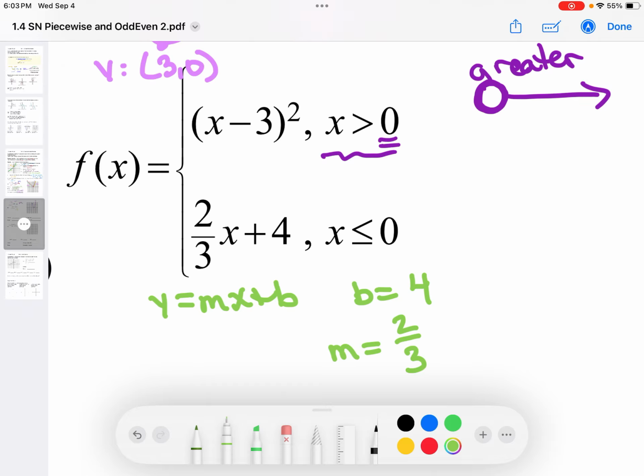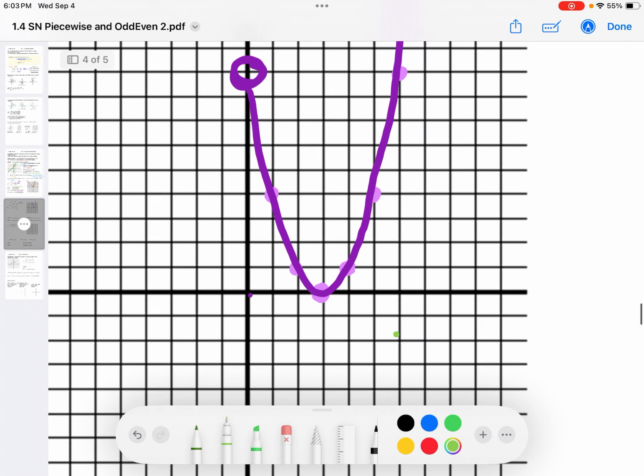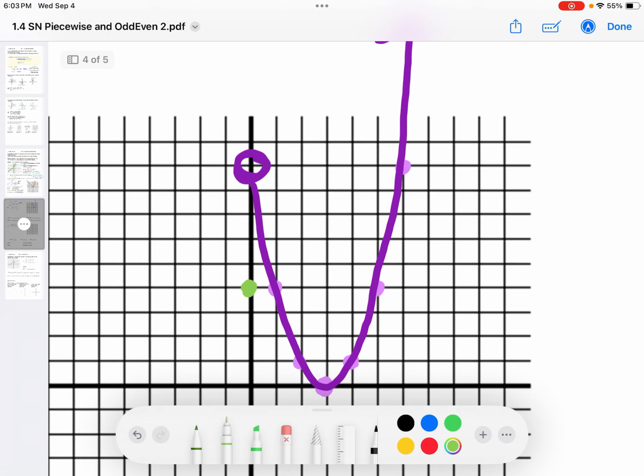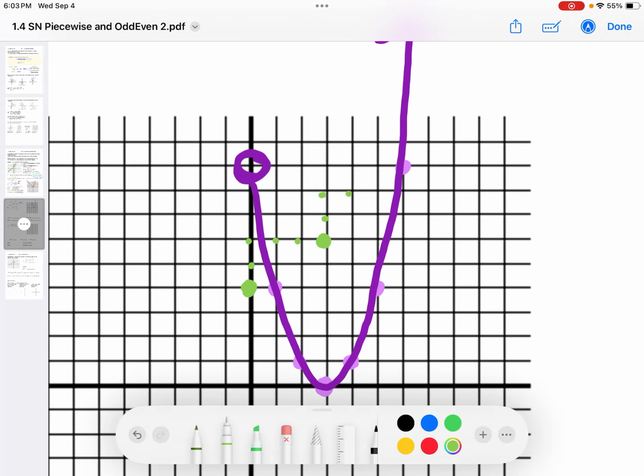So slope of 2/3. We're going to start that y-intercept at 4. 4 is the y-intercept. And then that slope of 2/3 goes up 2, right 3.